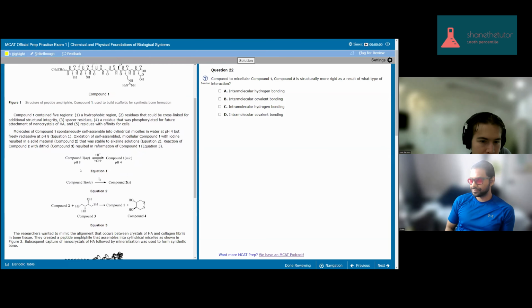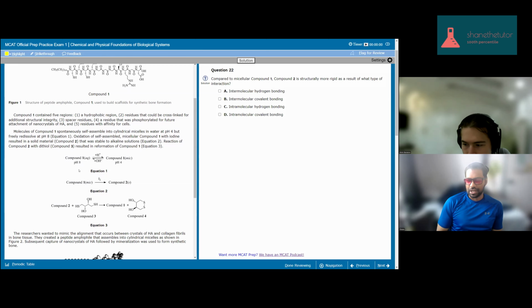So what type of gels exist? Silica gel? There's native gel, denaturing gel, and reducing gel. What does a reducing gel do? Does it make them all negative?